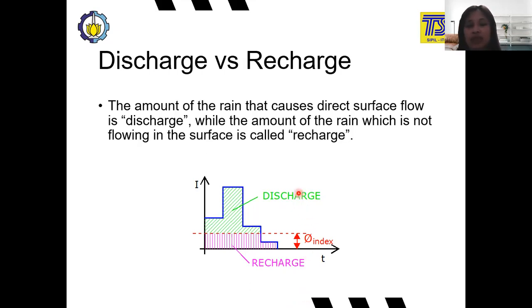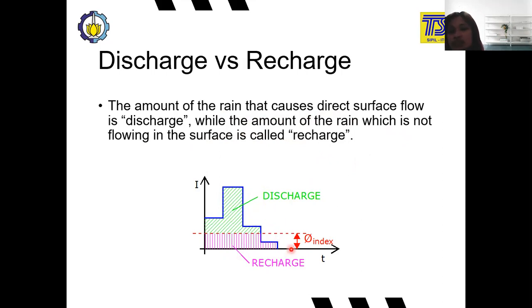For example, here we got this hyetograph, and we already calculated the P index, for example, and then we can know the discharge and the recharge of a particular rain by using this hyetograph, calculating the area of this curve. The amount of the rain that causes direct surface flow is the discharge, here the upper one, and the amount of the rain which is not flowing on the surface is called recharge.